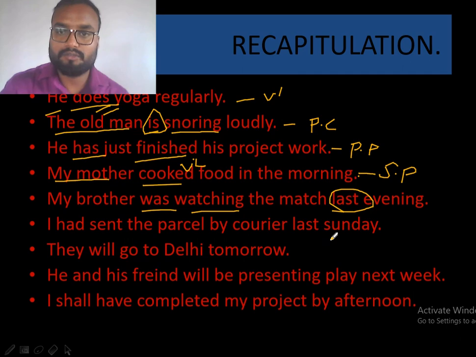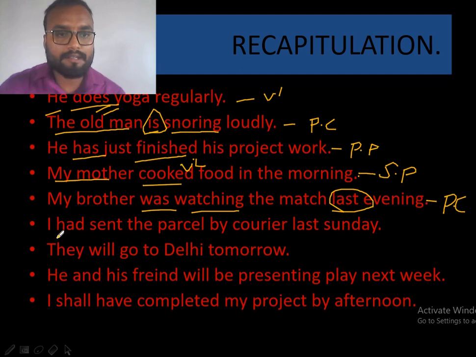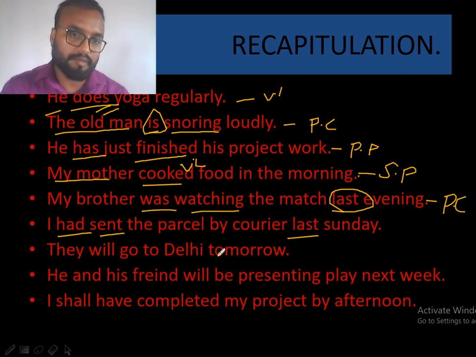So it is past continuous. I had sent the parcel by courier last Sunday. Had here indicates past tense. Sent is the third form of verb and last again indicates past. So it is past perfect.